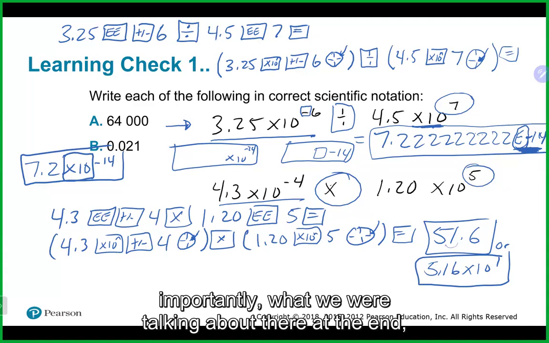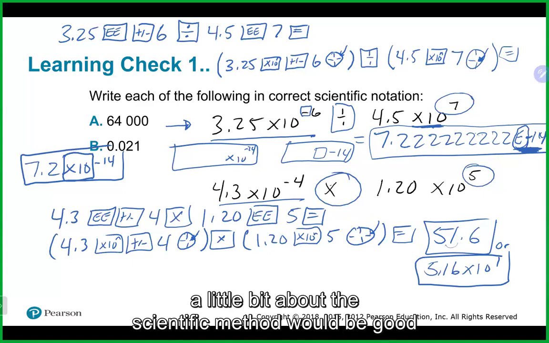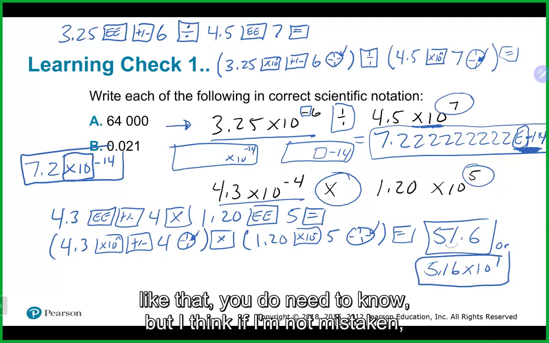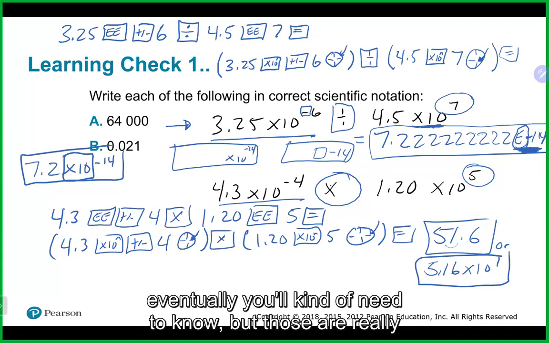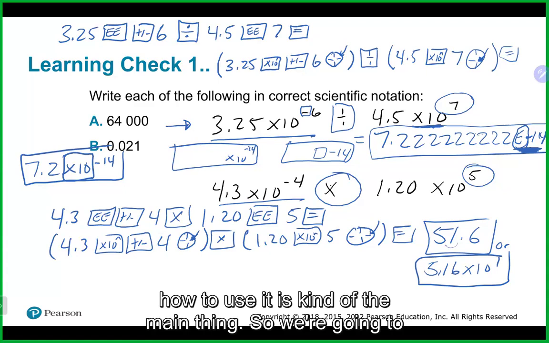More importantly, what we were talking about there at the end, how to properly punch that thing into your calculator, and maybe a little bit about the scientific method would be good as well. The stuff that we talked about, matter and stuff like that, you do need to know, but I think if I'm not mistaken, we'll kind of hit it again there in chapter 3, but that stuff eventually you'll kind of need to know. But those are really the main things, definitely the scientific notation, calculator, how to use it is kind of the main thing.